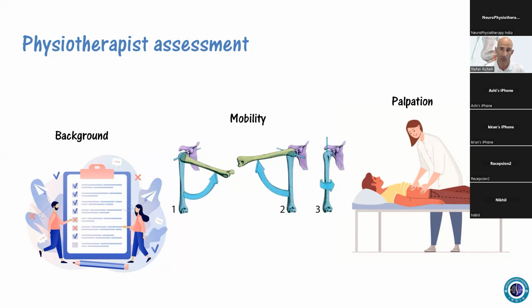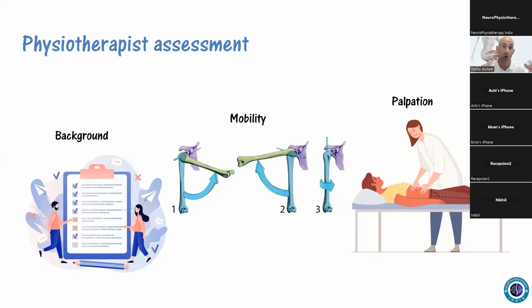All this we check, then maybe we try to find out the mobility which is affected in the area where the patient feels pain, and then we palpate or analyze all the tissue around where the problem of our patient is.